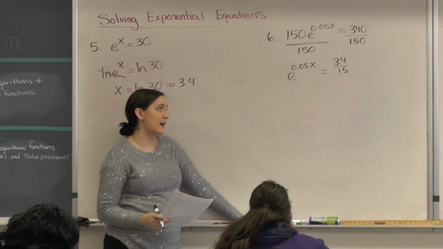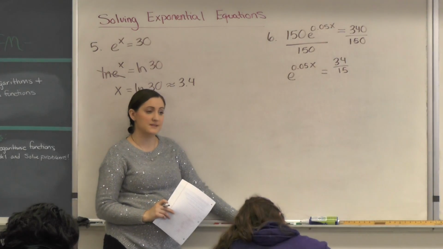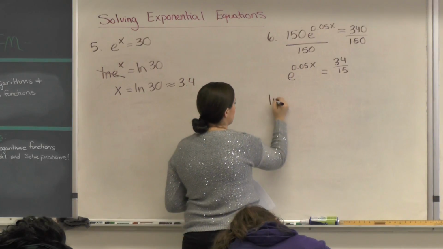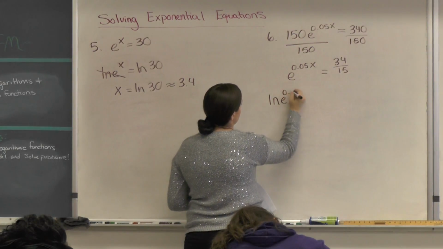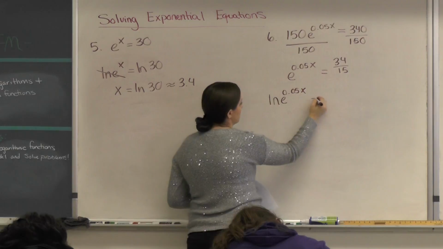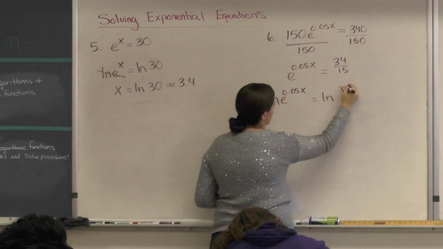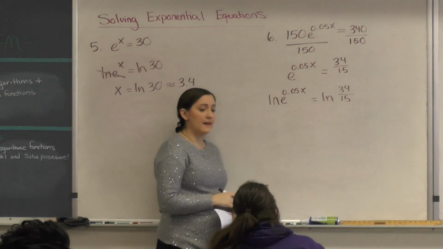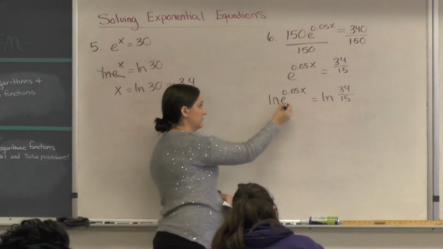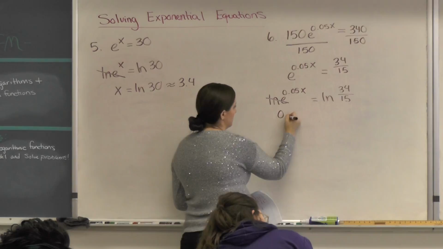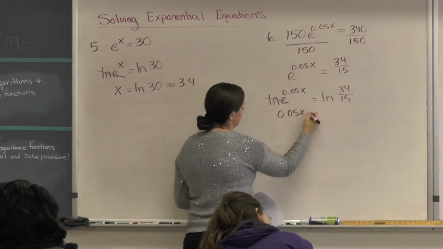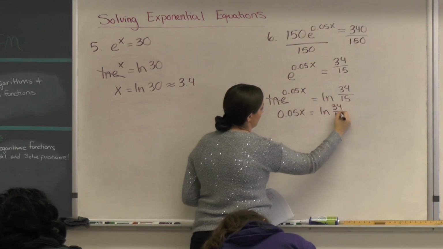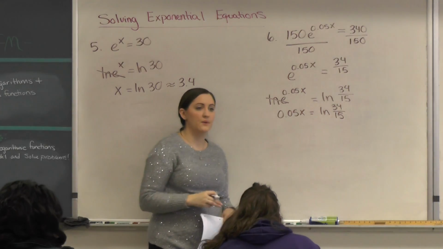Okay, now that my exponential expression is all by itself, we can take the natural log of both sides. Okay, ln and e cancel. Okay, how do I get x by itself?